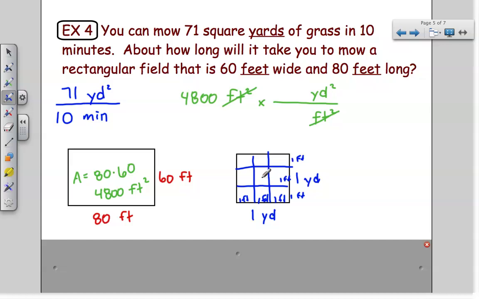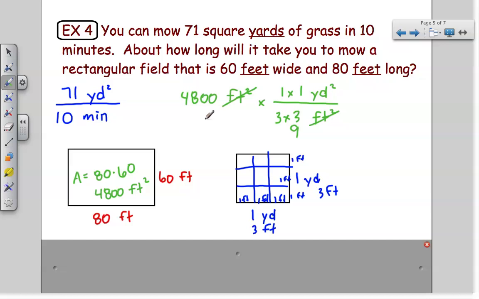How many square feet are in a square yard? Well, since it's 3 feet one way by 3 feet the other way, you really got to think 1 yard squared. Since it's 1 yard by 1 yard, it's 3 feet by 3 feet, and after all this, you can see there's definitely 9 square feet in 1 square yard. So 3 by 3 are actually 9 square feet in 1 square yard.